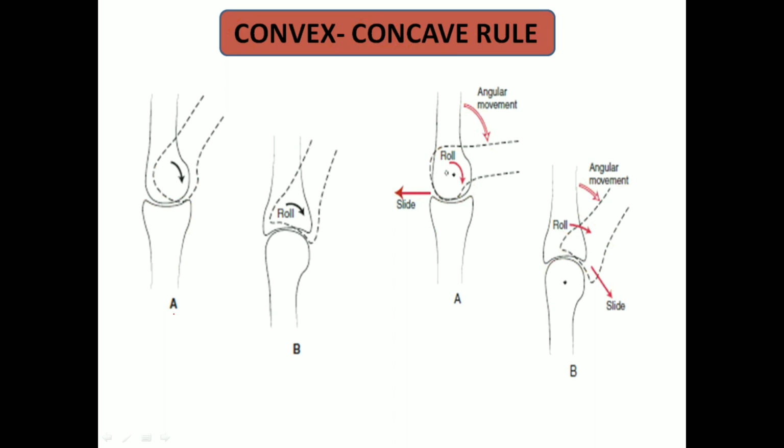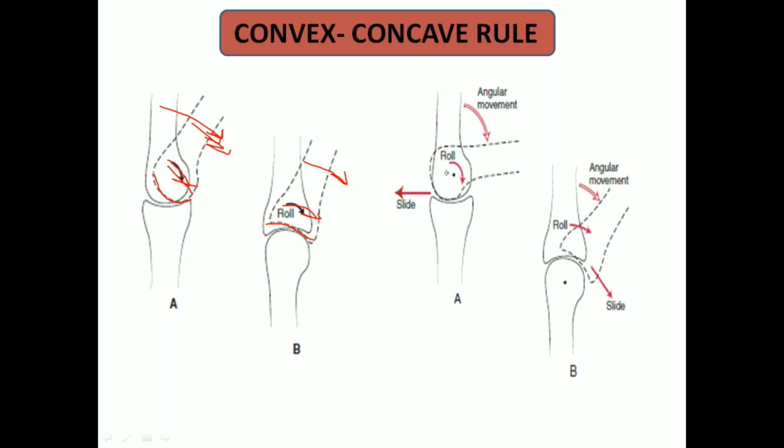One thing you need to keep in mind is that whichever direction the angular movement of the bone is, it depends on the roll. Roll and angular movement will be in the same direction. This is the roll you can see here, and this is the angular movement of the bone. Both are in the same direction. Whether the moving surface is convex or concave, the roll and angular movement of the bone will be in the same direction.